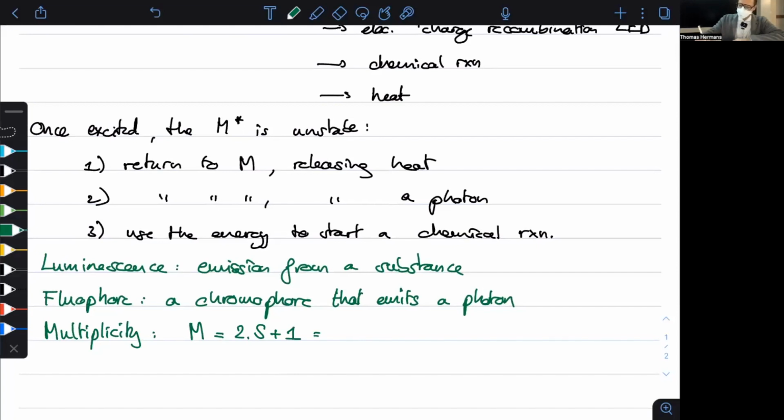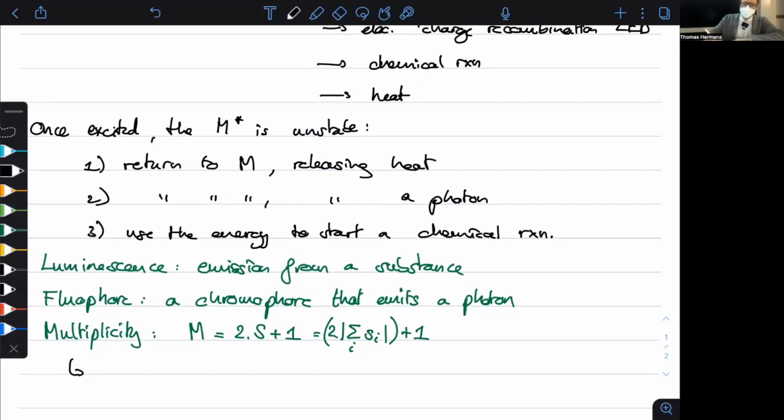S is the sum of all spins. You know this notation, right? Sum of Si means all the different s's summed up. And then these vertical bars are absolute number. So we're going to take the absolute number, 2 times that, plus 1. Okay, this sounds very technical, but it's very easy, actually.